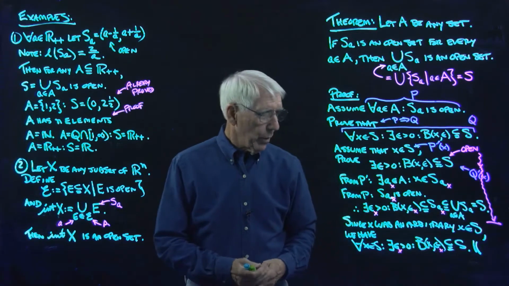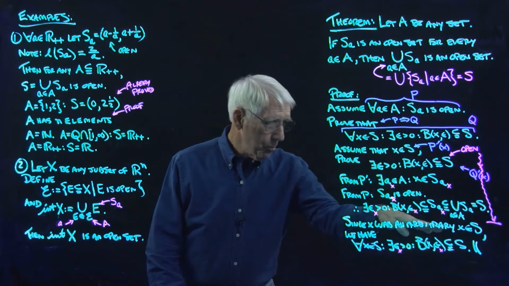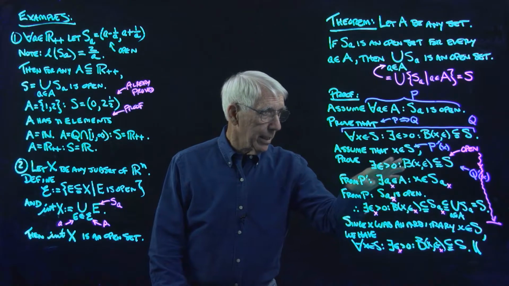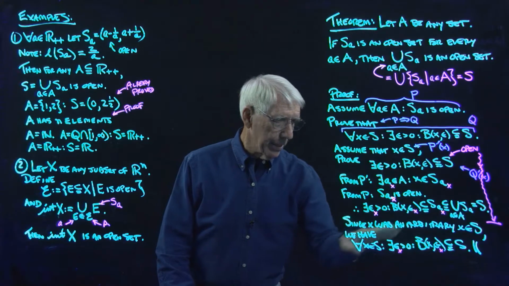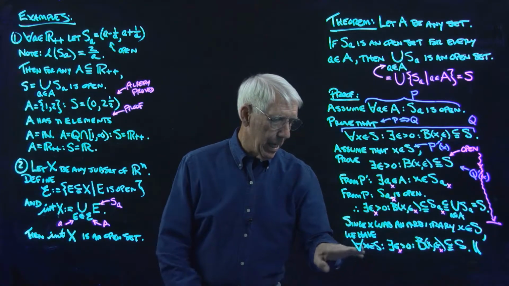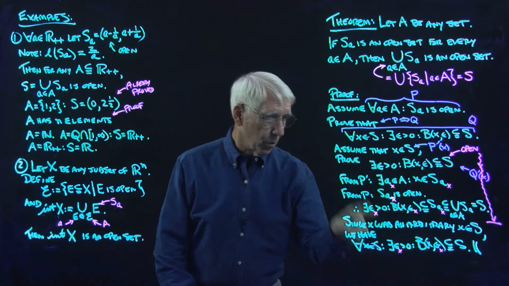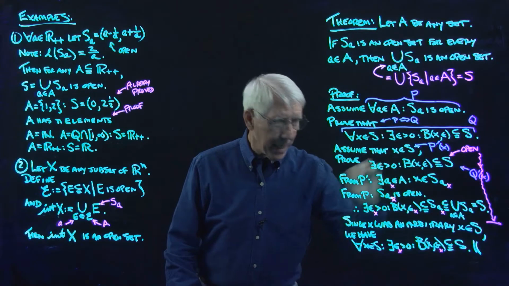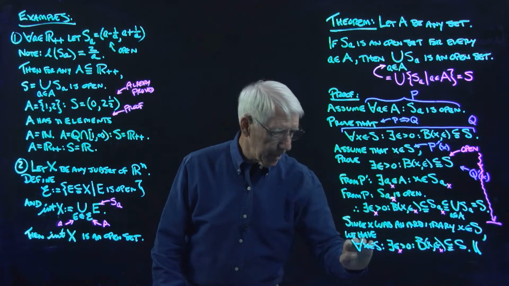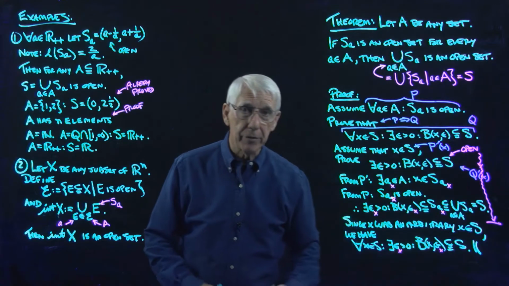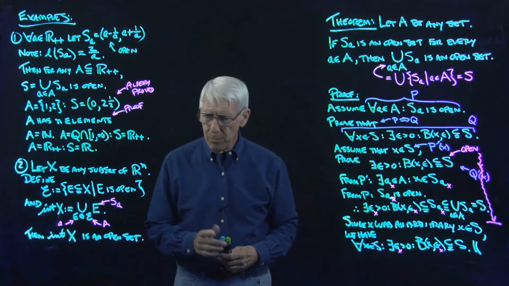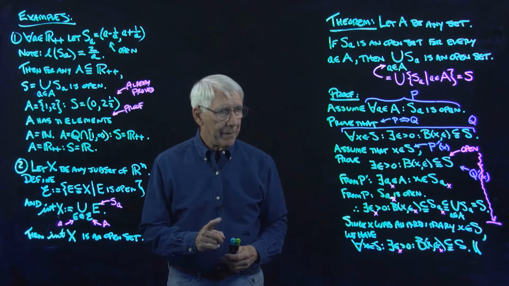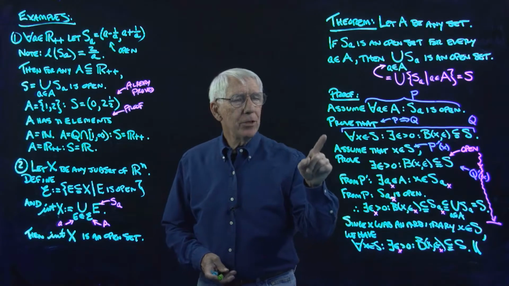And so we do have to go back and take our open statements that we obtained from here and quantify them. And in this case, of course, because we have an arbitrary x in here, we've got this true for every x in S.